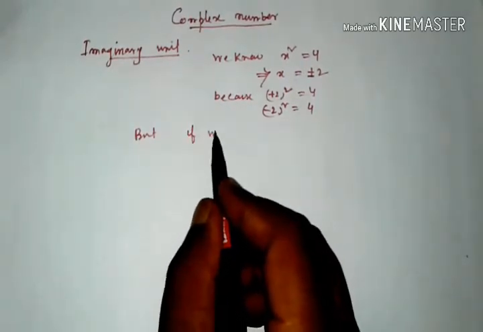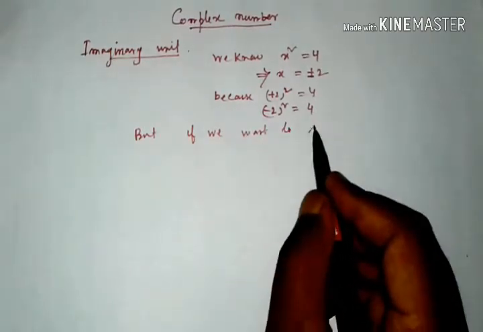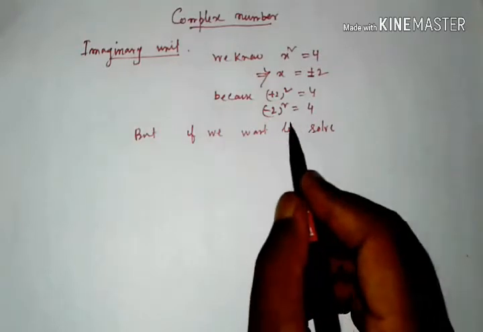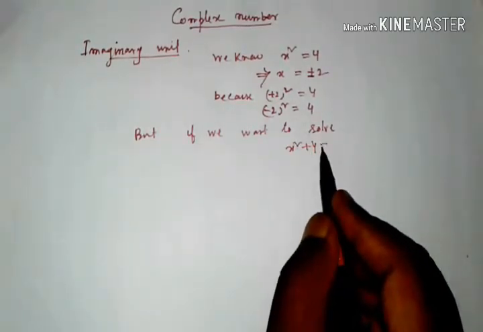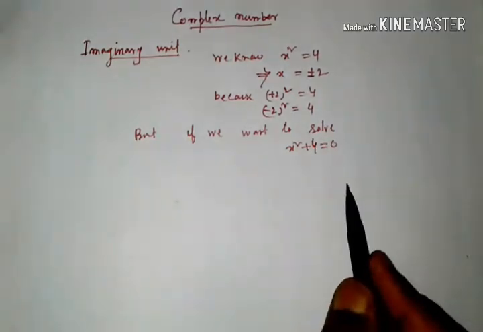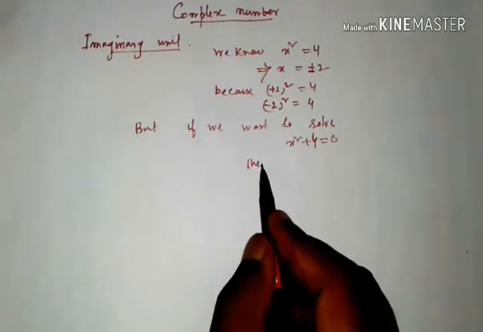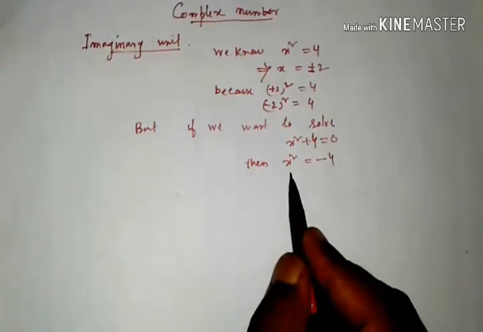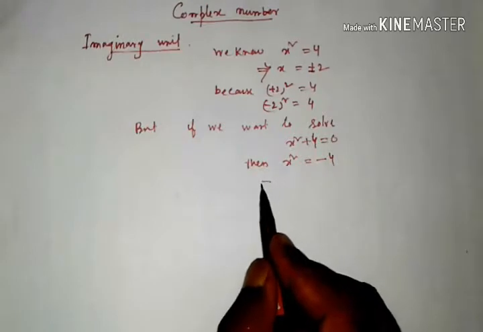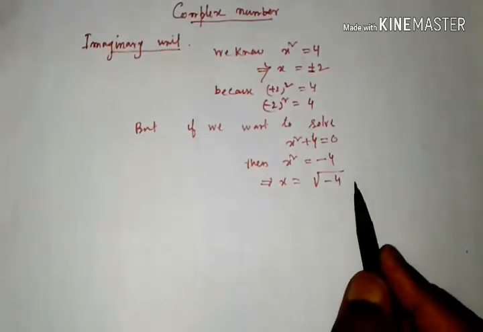if we want to solve x square plus 4 is equal to 0, then x square is equal to minus 4. This implies x is equal to root over minus 4.